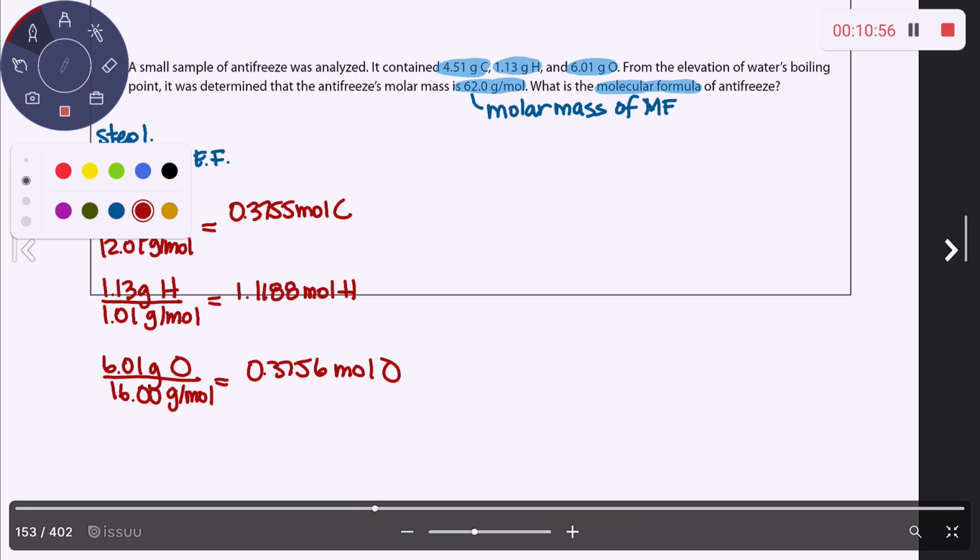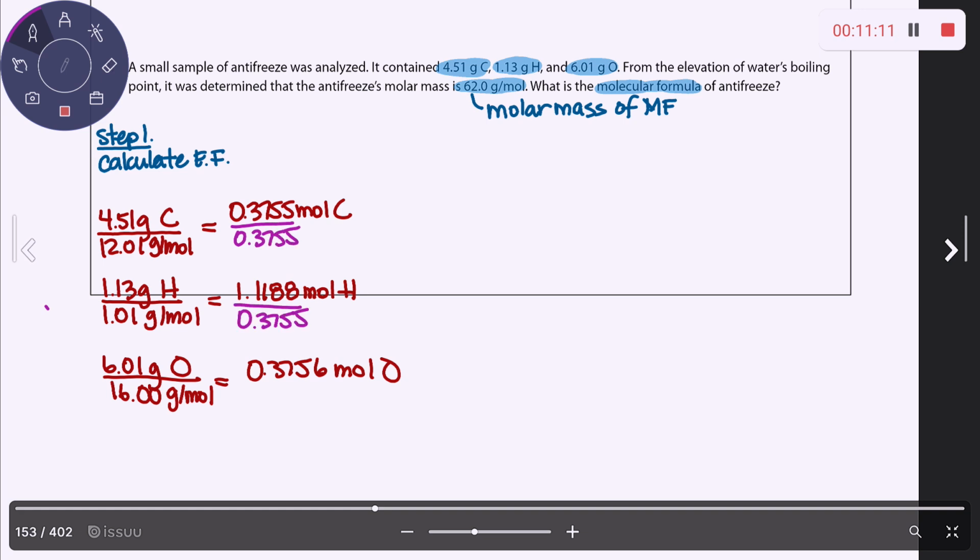After I do that, I can divide by the smallest mole, which would be my mole of carbon. So divide this by itself. This is 2.9.